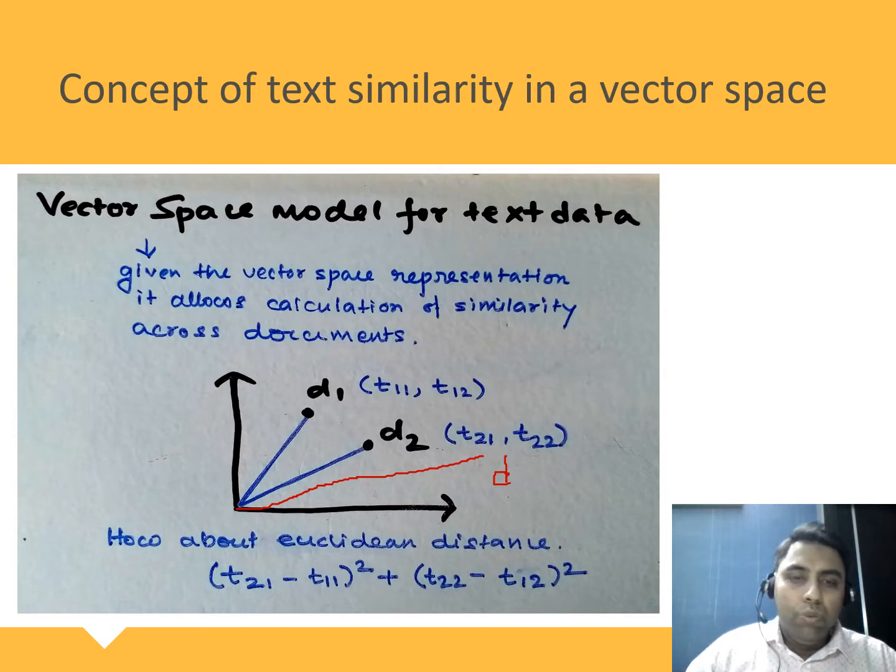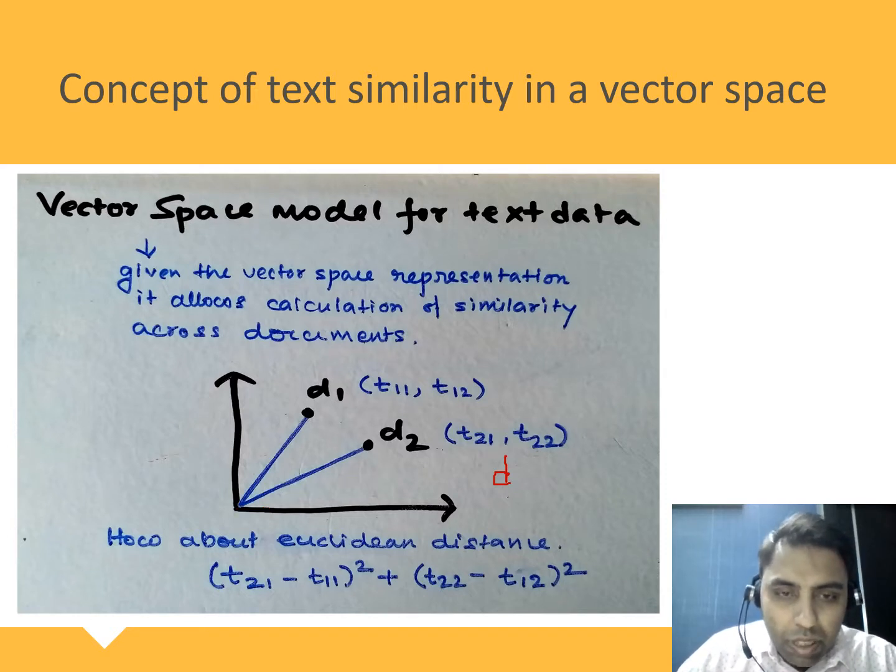So what do we do? Let me strike this off. We see that something which was very familiar doesn't work here. So what works? And what works will be something very intuitive as well. If you look at this diagram, can we think of the angle between D1 and D2 as a measure of similarity between the two documents?